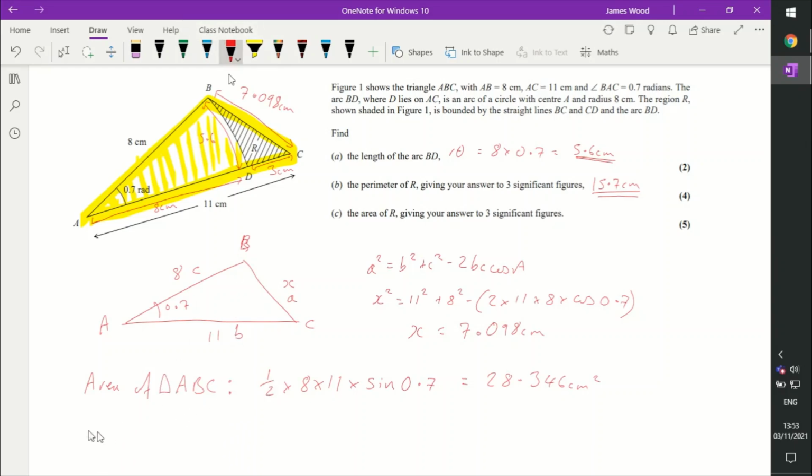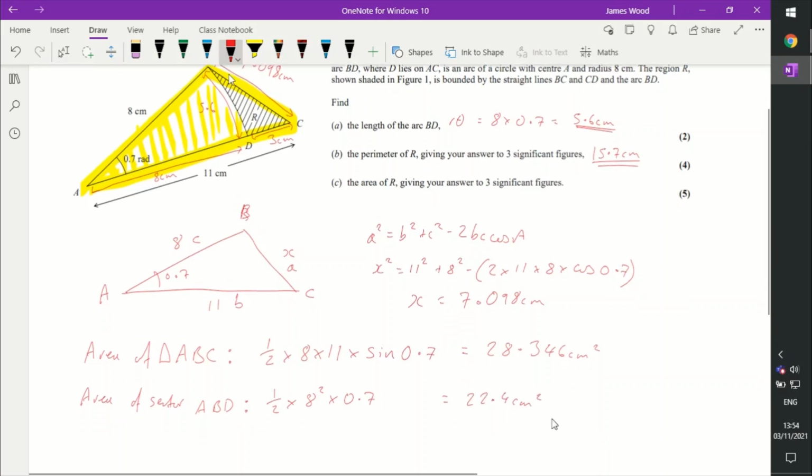And then we want to find the area of the sector. ABD is the sector that we're looking at. So it's going to be half r squared theta. So it'll be half times r squared times theta, which is 0.7. We get 22.4.